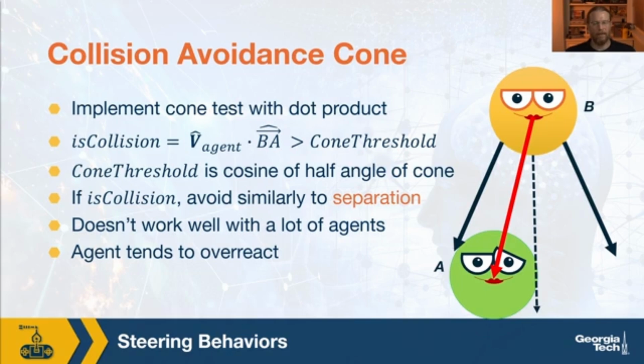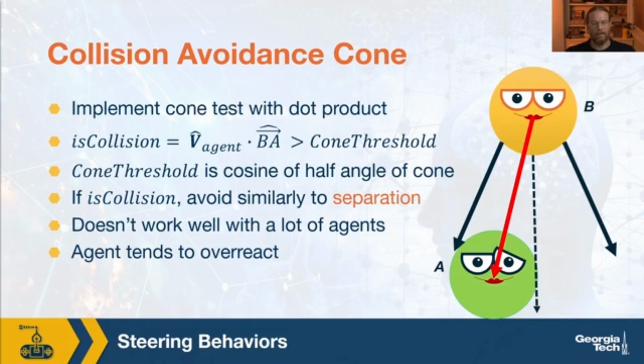So take the dot product of those two. So again, it's the velocity dot product with the candidate entity, so probably another agent, that relative position vector to that entity.